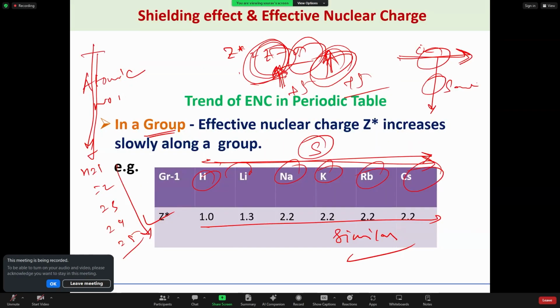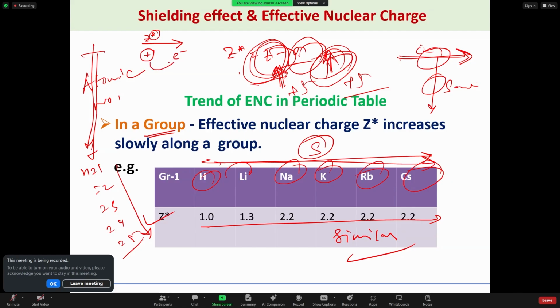So now think about a question. In a period, if you see this Z star value is increasing, that means the effective nuclear charge is increased. So there is the nucleus, there is the outer shell electron.